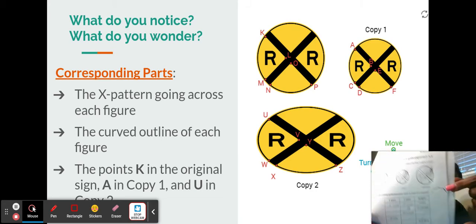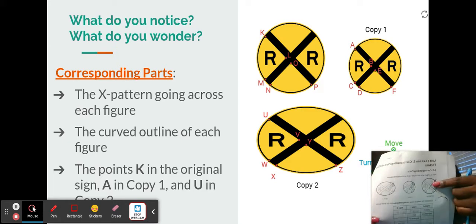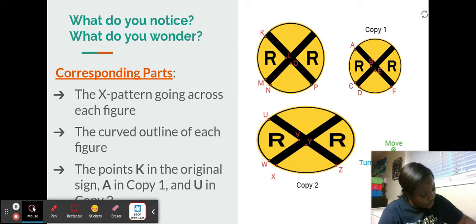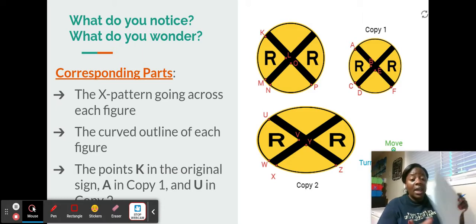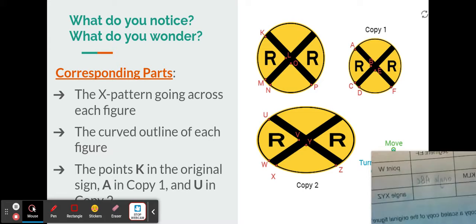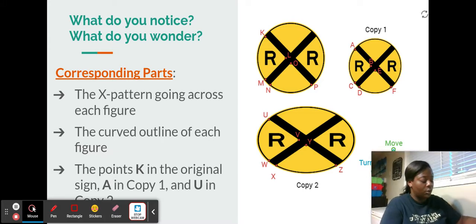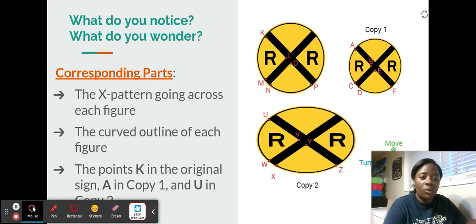Well, what corresponds with this guy? Well, this guy in the corner. And what is that guy in the corner in copy number 1? By now, someone would have said angle ABC. And I agree.